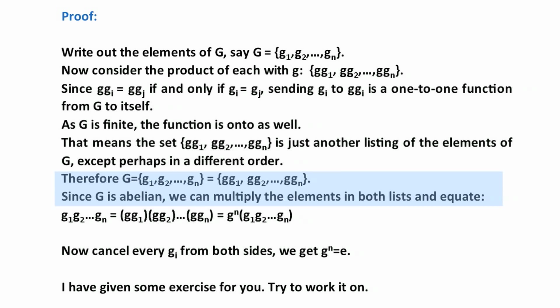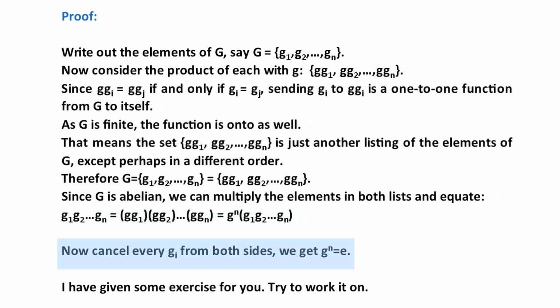Since G is abelian, we can multiply the elements in both lists and equate. g1, g2 up to gn is equivalent to gg1, gg2 up to ggn, which is equivalent to g to the power n times g1, g2 up to gn. Now cancel every gi from both sides, then we get g to the power n is equivalent to e.